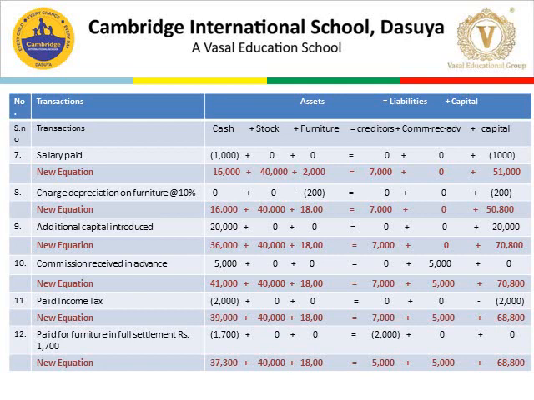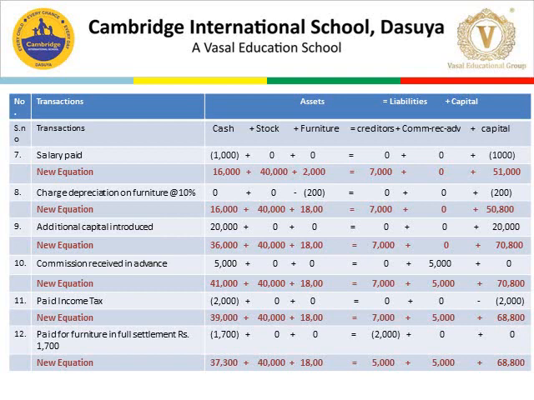Commission received in advance, no change. Capital, there will be a change because drawings decreases the capital. So it will be minus from capital 2,000. So the new equation is 41,000 minus 2,000 is 39,000. Stock 40,000. Furniture 1,800. Creditors 7,000. Commission received in advance 5,000. And capital 70,800 minus 2,000 is 68,800.